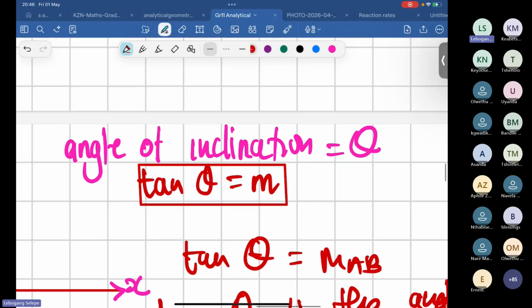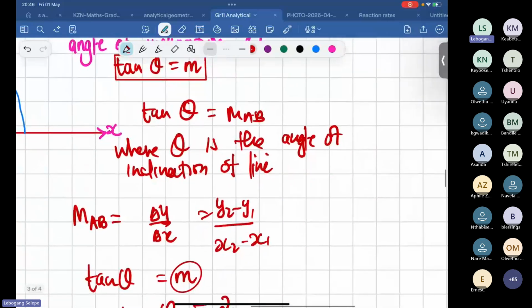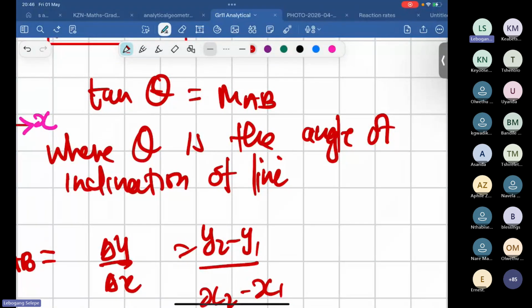I've indicated here that tan theta is equal to the gradient of AB, where theta is the angle of inclination of the line AB itself. So it has to be the angle of inclination. It's not just any angle on that particular line.